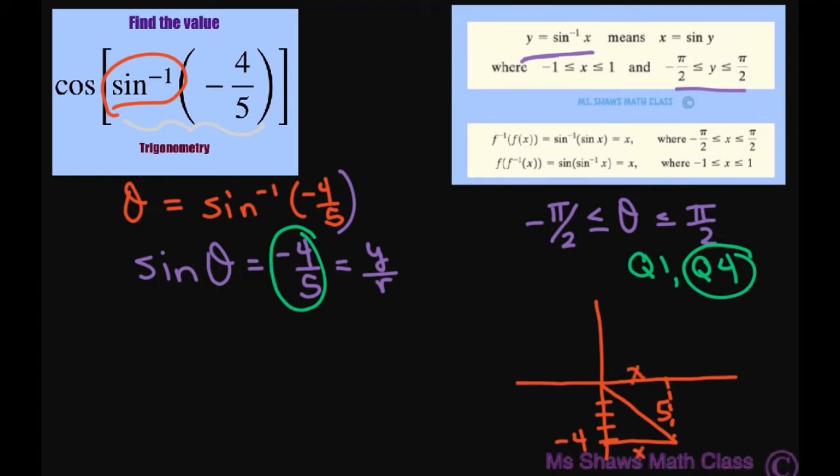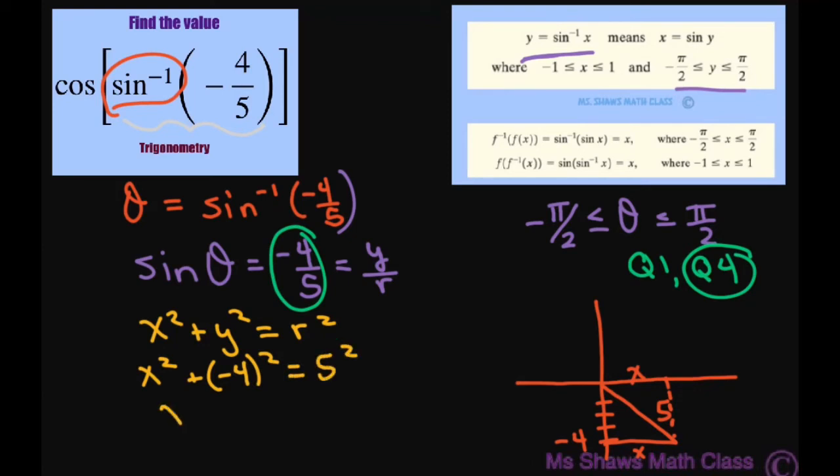To do that, you use the Pythagorean theorem or your Pythagorean identities. You can just use x squared plus y squared equals r squared. So we have x squared plus (-4) squared equals 5 squared.